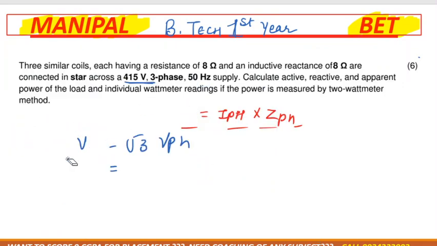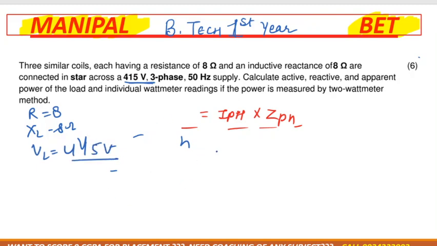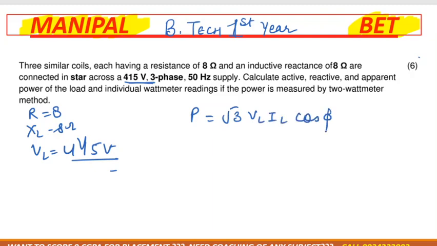See, in this question we have R equal to 8 ohm, XL equal to 8 ohm, VL equal to 415 volt, right? So we need to calculate the active power, reactive power, and apparent power. Active power P is equal to root 3 VL IL cos phi.